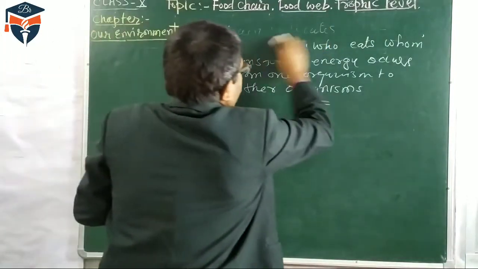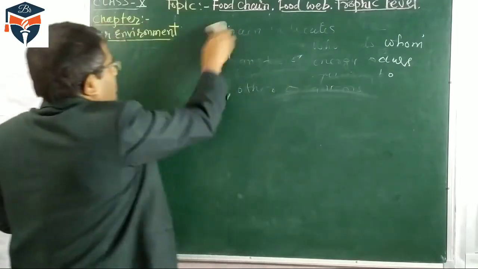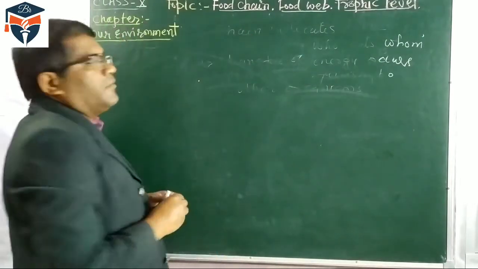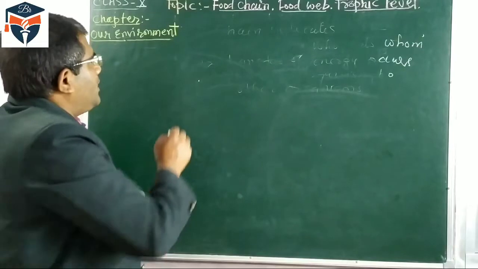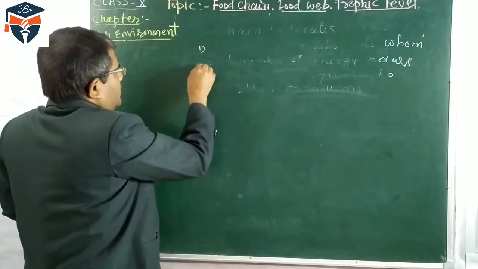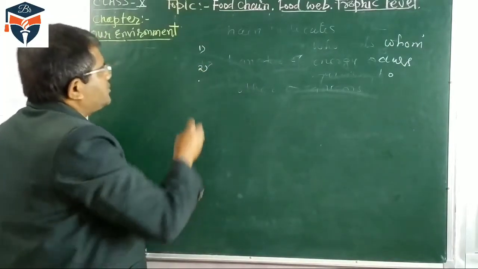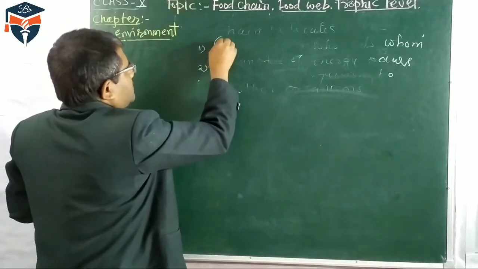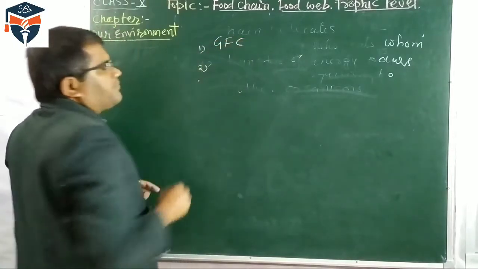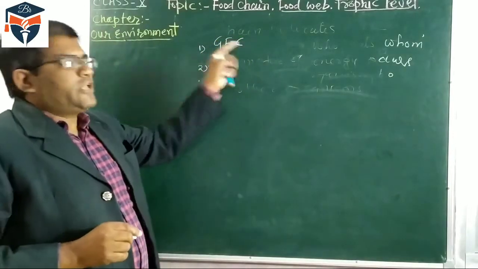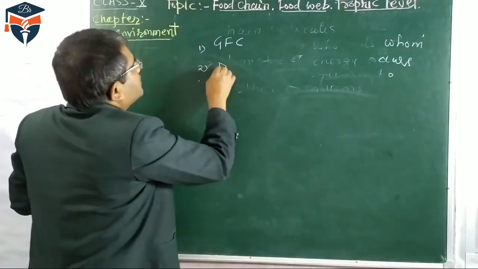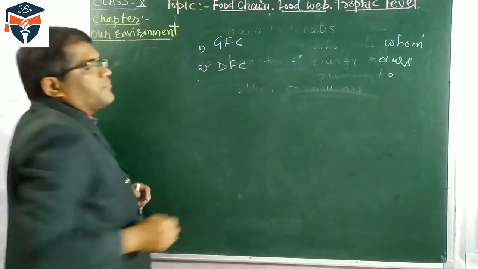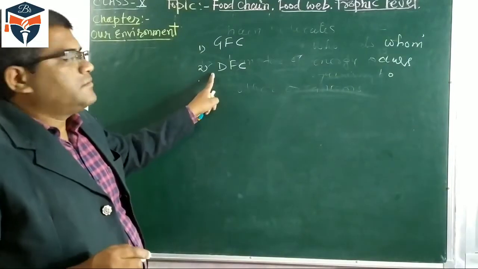There are two different types of food chain that occur in our environment, and we categorize them into two categories. One is called the grazing food chain, GFC, and the other is called DFC, the detritus food chain.